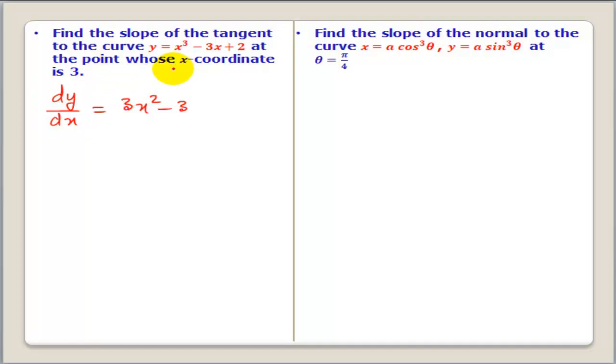For this particular case, we are making the tangent at a point with x coordinate 3.